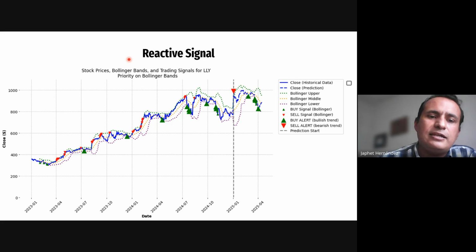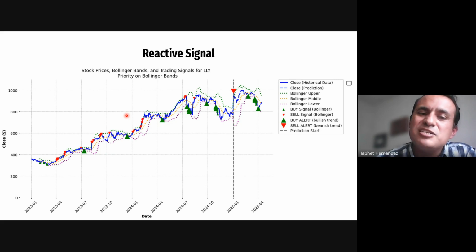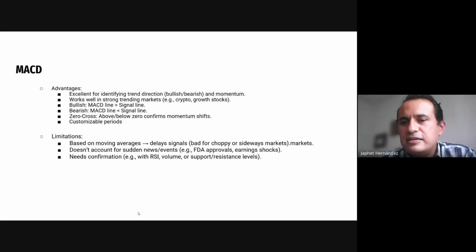So this is a very useful tool, but it is very reactive, and the trader might fall short when making the transactions.